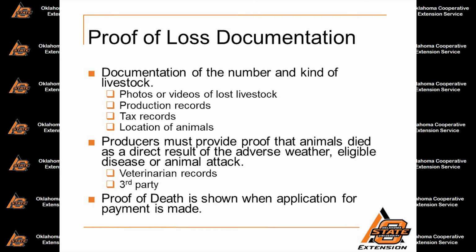Producers are also encouraged to get a veterinarian's statement stating that the incident you're claiming did actually kill those animals. It doesn't always have to be a veterinarian; it could be some other third-party verification, but they have to go through a third-party verification process to get this done. Again, this proof of death has to be shown when the application for payment is made.